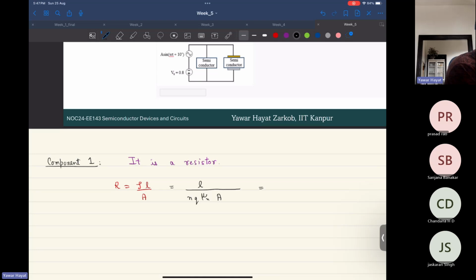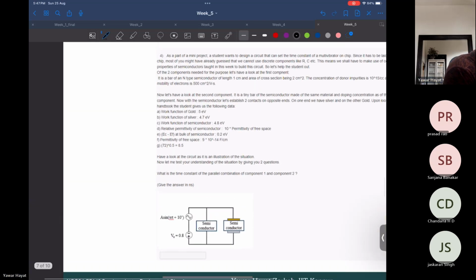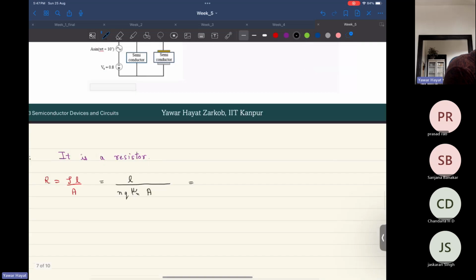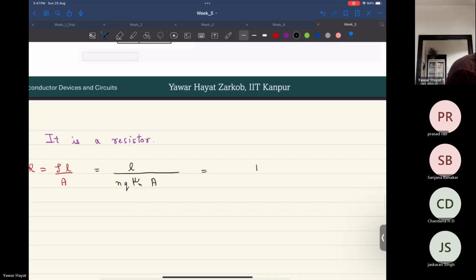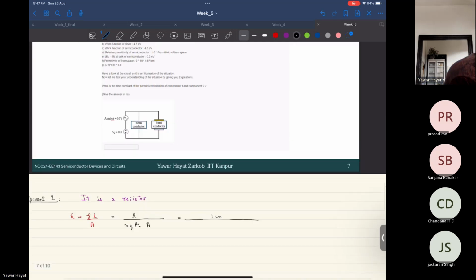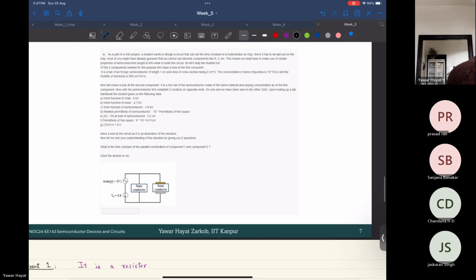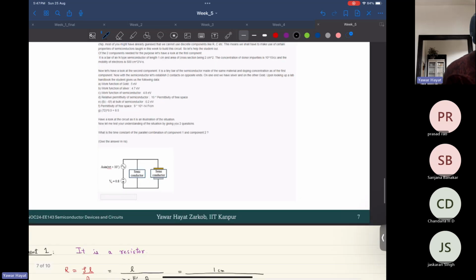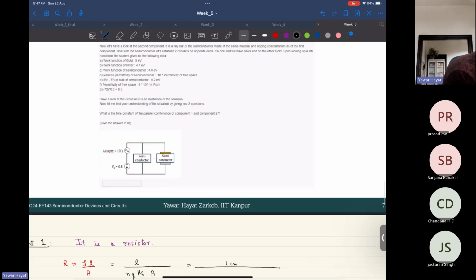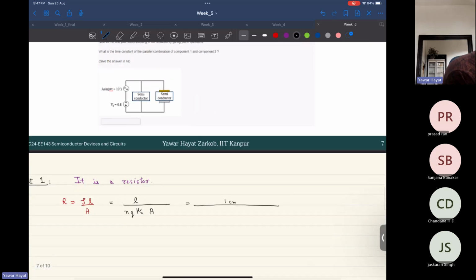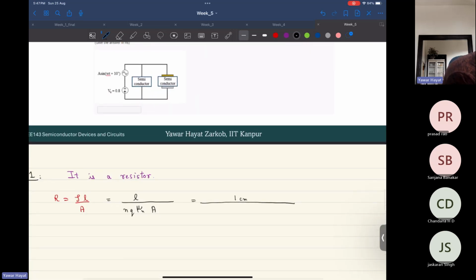What is L? L is 1 centimeter, whole divided by N. What is N? Here N we can take as the concentration of donor impurities, so I'll write N as 10 to the power 15.